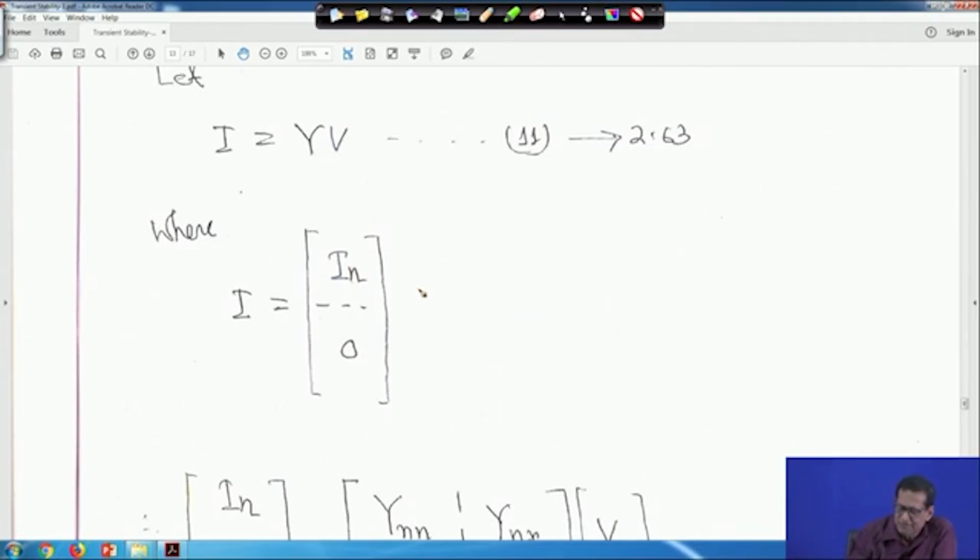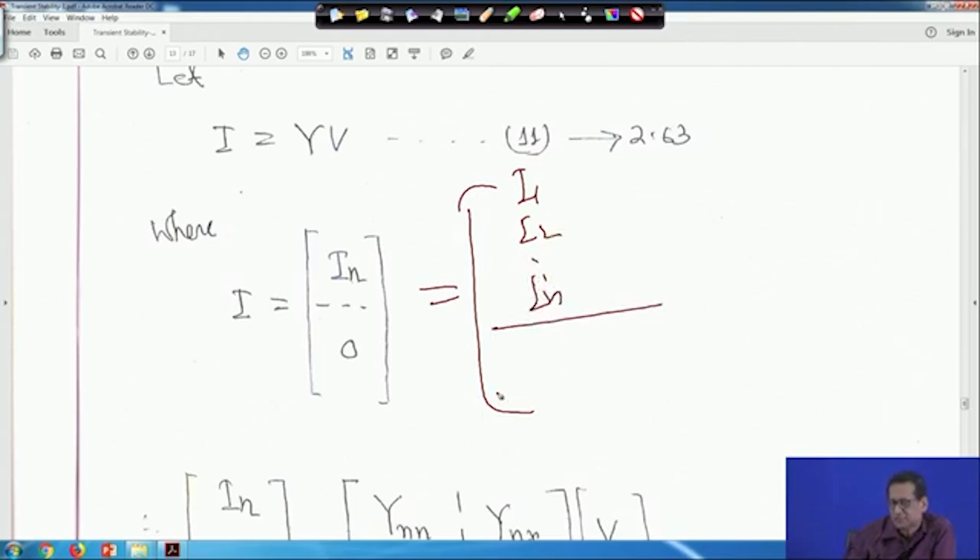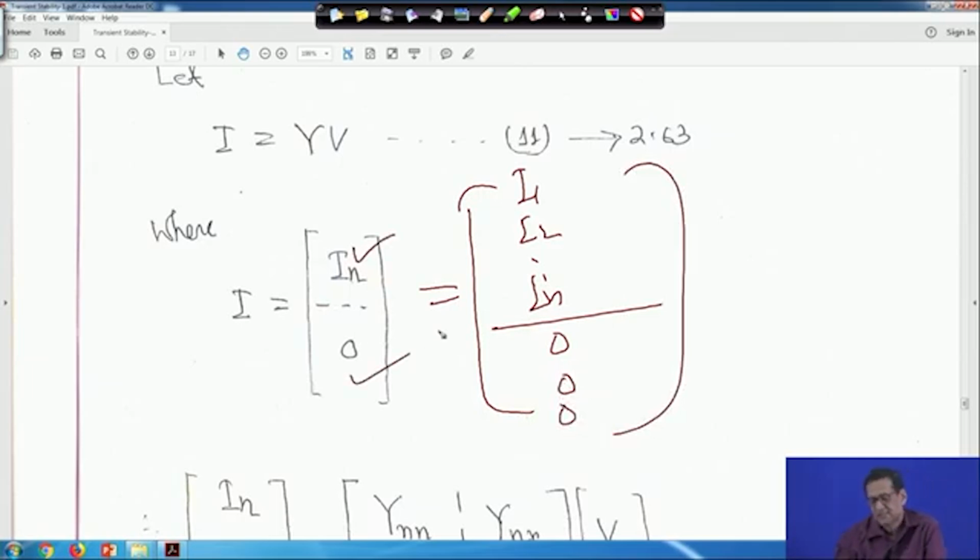Suppose you have n number of generators, so at all the generator buses you have the current injection I n, and at all other buses, the load buses, the current injection is 0. That is why in general it is I n and 0. I n means I 1, I 2, up to I n. If you have 3 generators, then n will be 3.